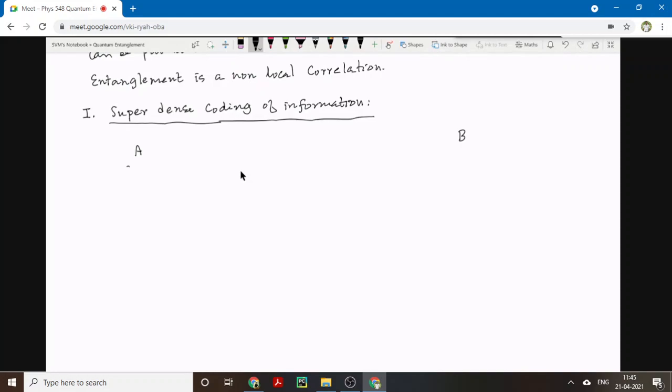So you have, let's say, qubit A, and your friend has qubit B. Now the initial state of AB is given by 1 by root 2 of 0 0 plus 1 1.